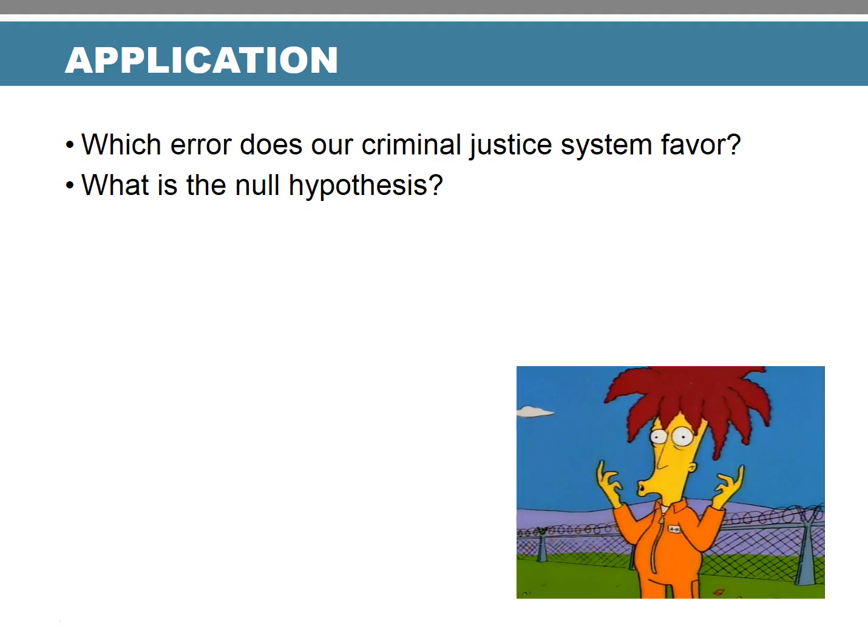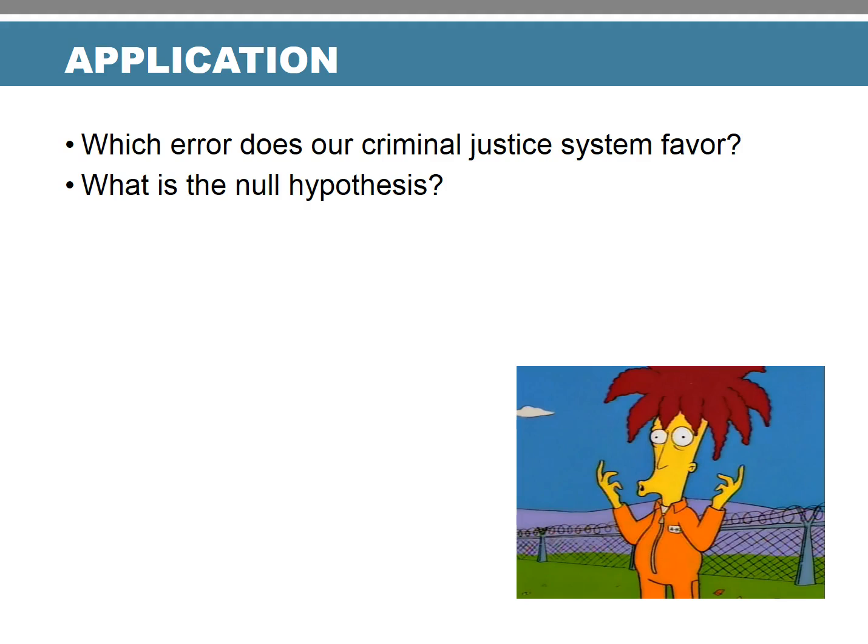I like to think of this in terms of the criminal justice system. This helps some people to make sense of it. If it doesn't really help you, then think about it and forget about it, I guess. But it does help some people to think of it in these terms. So what error does our criminal justice system favor? Well, with our criminal justice system in the United States, what's our null hypothesis?